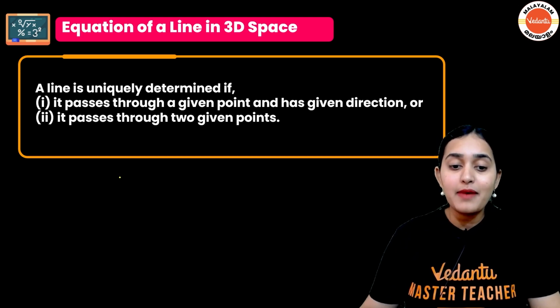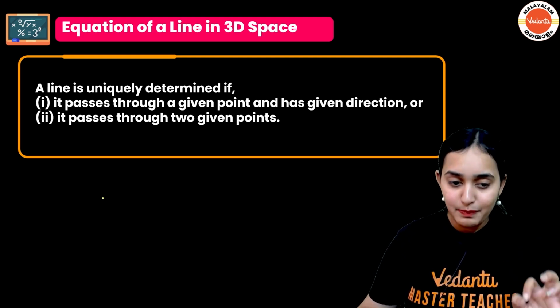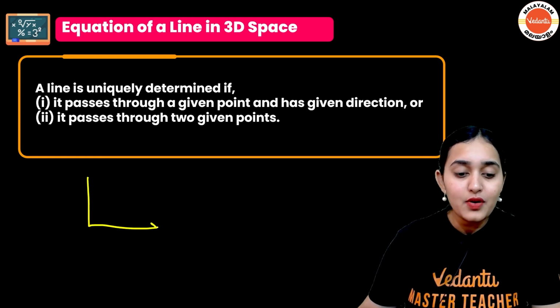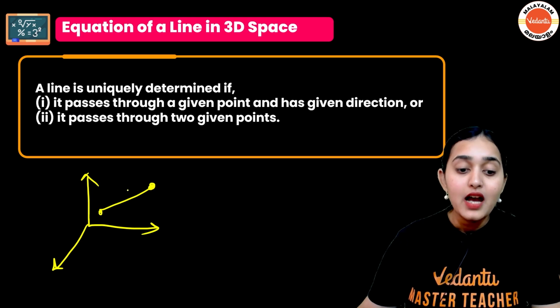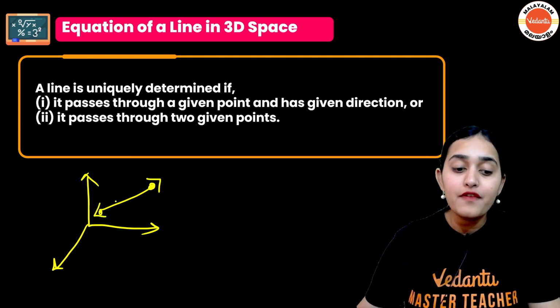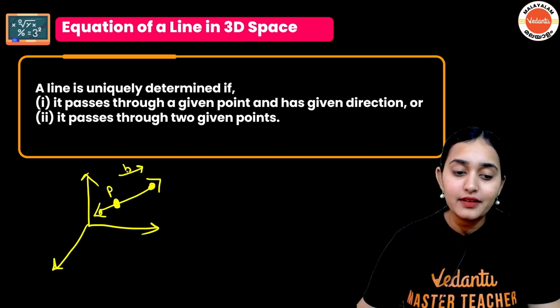Okay. Now, so till now we have learned what are direction cosines and direction ratios. Now let's learn about representing a line in three-dimensional space. How can you represent a line in a 3D space? Suppose you have x-axis, y-axis, z-axis and there is a line. Now this line can be denoted with the help of a point on it and a parallel vector. Why?